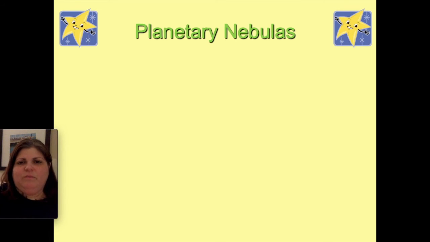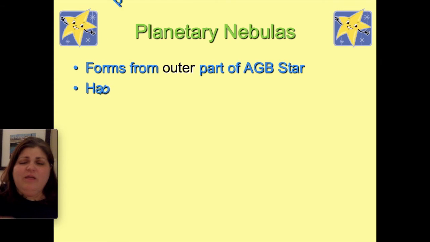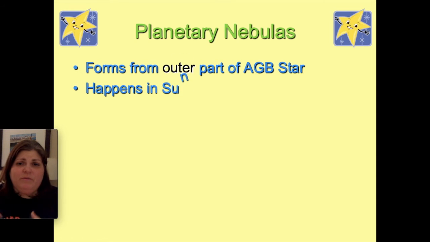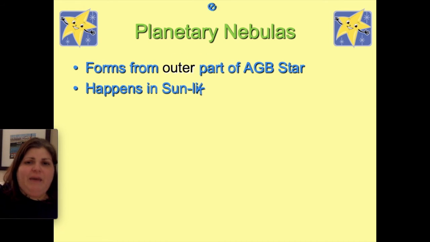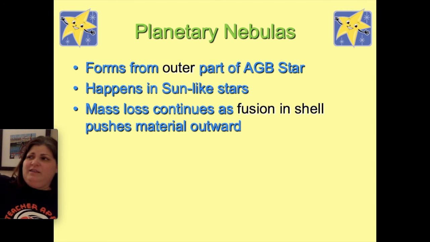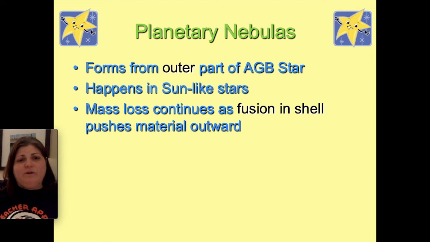And that happens in the formation of what we call a planetary nebula. So the planetary nebula forms from the outer layer, the envelope of the AGB star. It happens in stars like the medium-sized stars that we've been talking about, like our sun. And basically what happens is, as the fusion occurs in the shell, material in the envelope just keeps getting pushed outward and outward and outward.